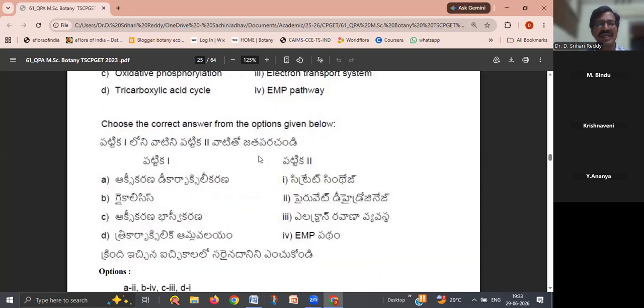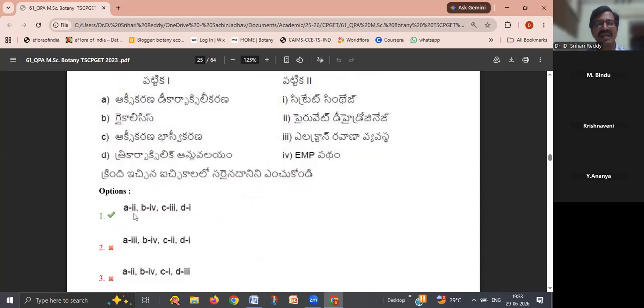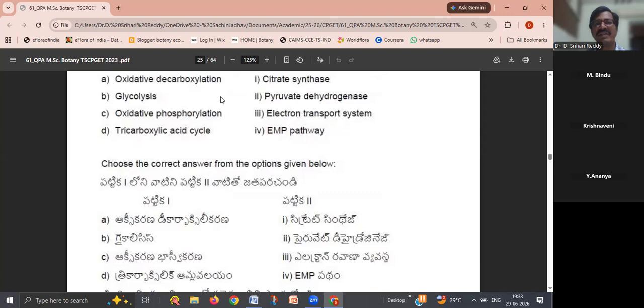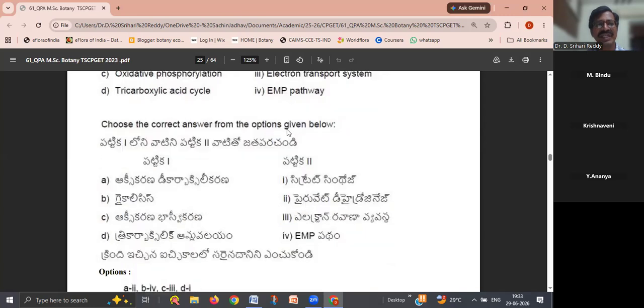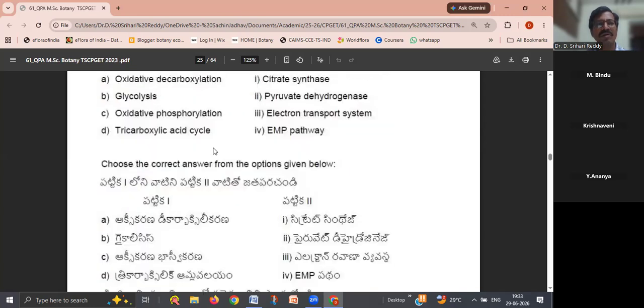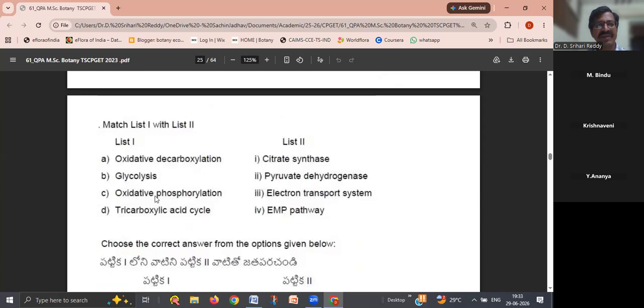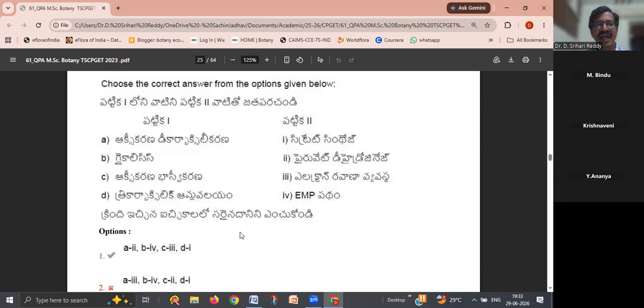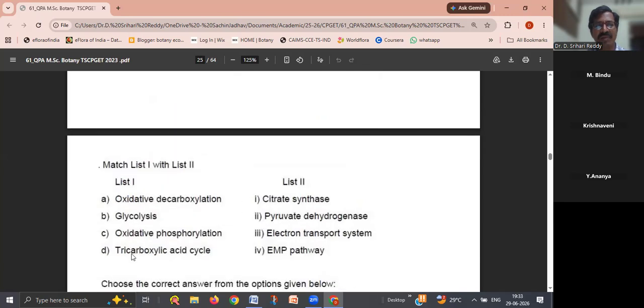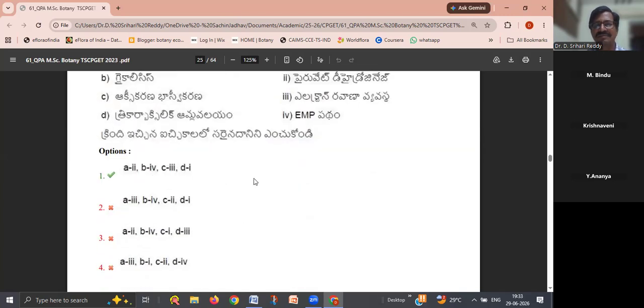So the matching is A with 2, oxidative decarboxylation related to pyruvate dehydrogenase, and B with 4, glycolysis is the EMP pathway, and C with 3, oxidative phosphorylation occurs in the electron transport system, and D is 1, that is, the tricarboxylic acid cycle is in citrate synthase. It is involved in the tricarboxylic acid, citric acid cycle. So this is the right option, the first one.